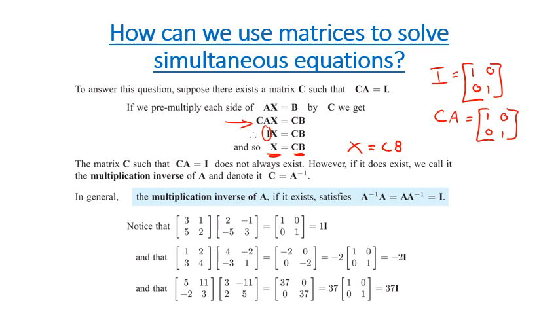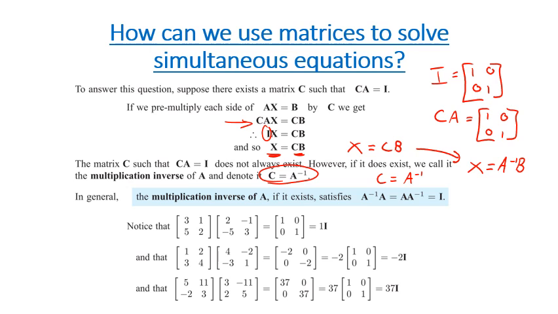It's important to know that our C matrix is actually the inverse of our A matrix. So essentially, if we combine this, we end up with X equaling the inverse of A times B.